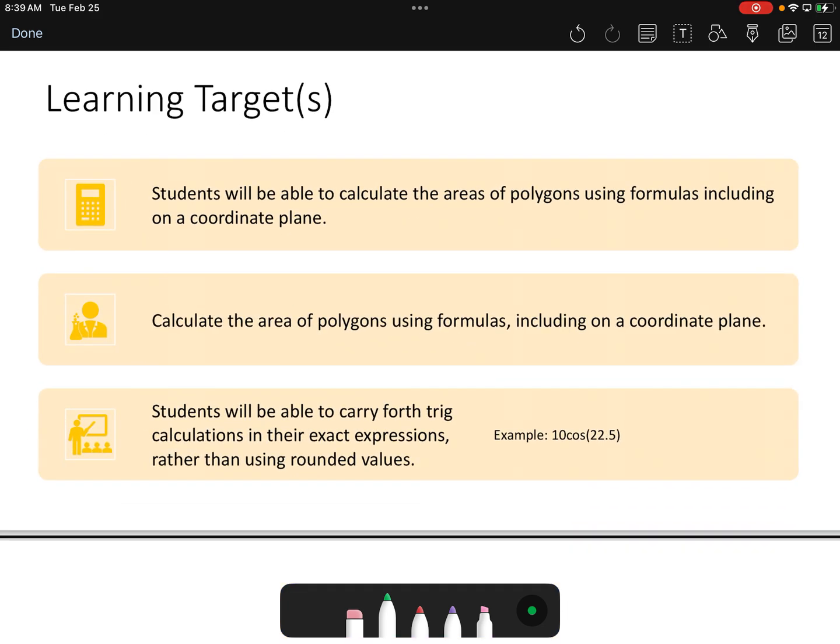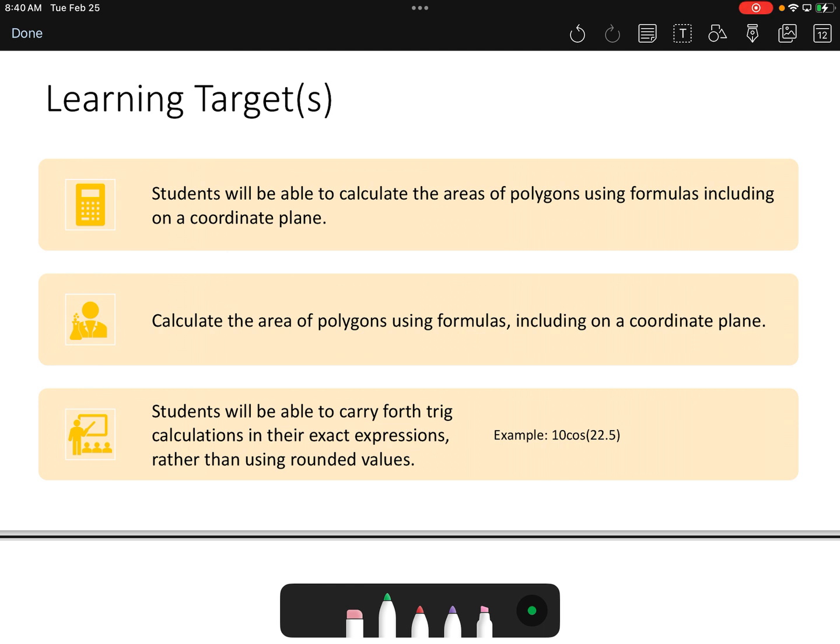Our learning targets for today. Students will be able to calculate the areas of polygons using formulas, including on a coordinate plane. So you got to be able to use a coordinate plane. Some things that you saw from your 9.1 homework is you probably had to use Pythagorean theorem. Maybe you used some special right triangle stuff. Maybe you used some trigonometry. Today we are going to focus on using some trigonometry.